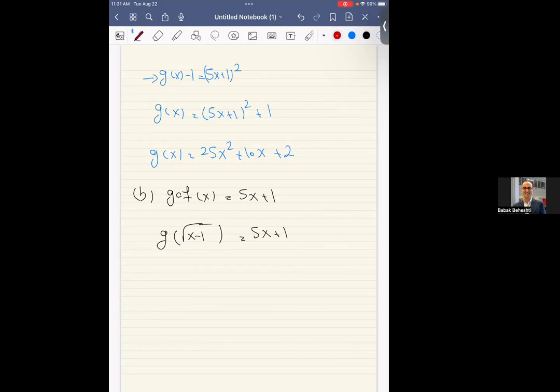So let's say that the square root x minus 1 is t. So that means x minus 1 equal to t squared. Therefore, x is t squared plus 1, right?